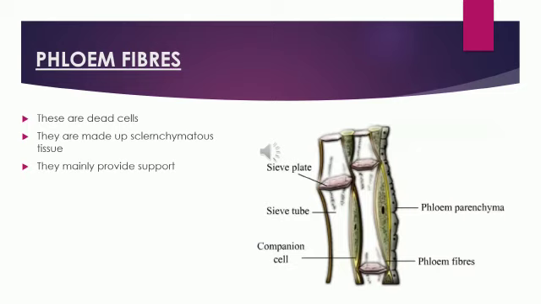Next is phloem fibers. These are dead cells, so they are made up of sclerenchymatous tissue. They are responsible for providing support to a plant. This is where the phloem fibers are present. You can see in the picture where it is located.